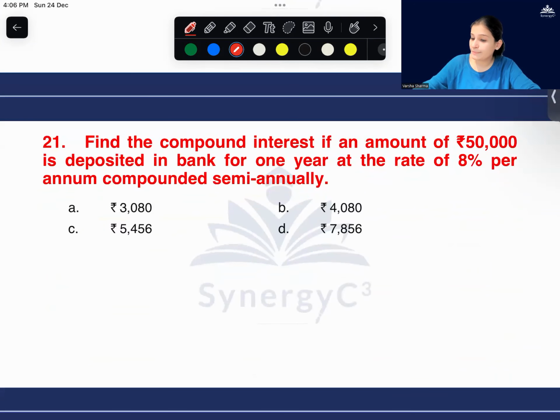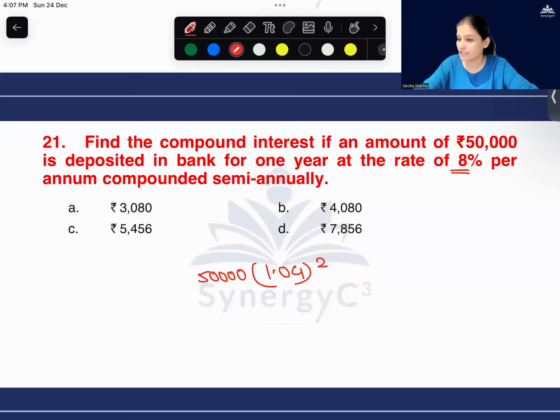Directly, first compounded semi-annually. So 8% becomes 4%. 1.04, time 1 year, so 2 times. Multiply it by 50,000 and then subtract 50,000.